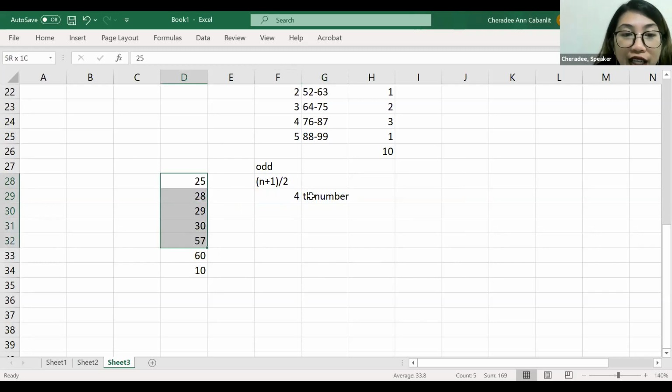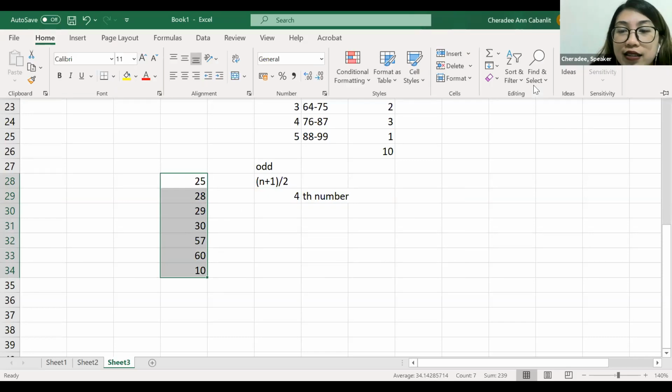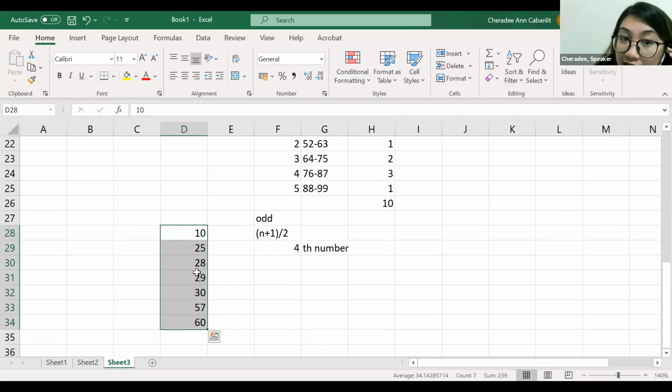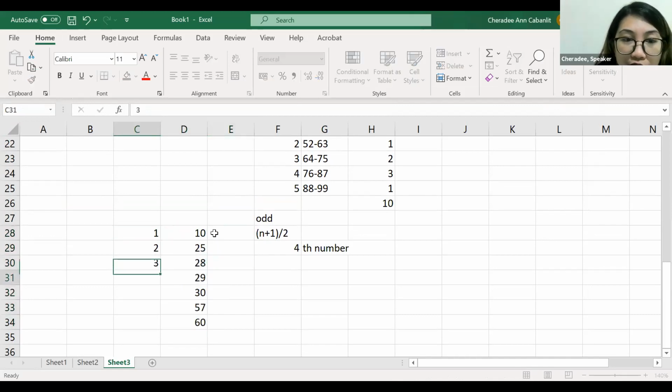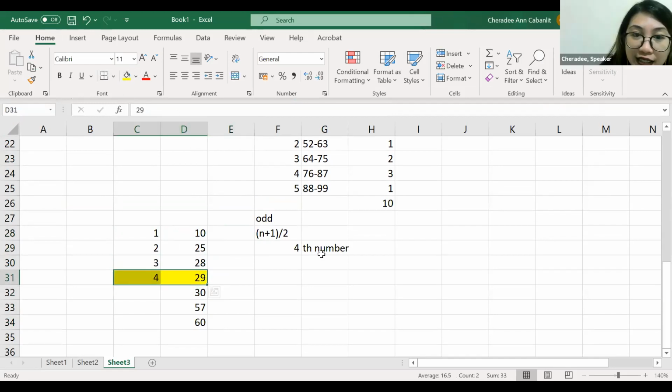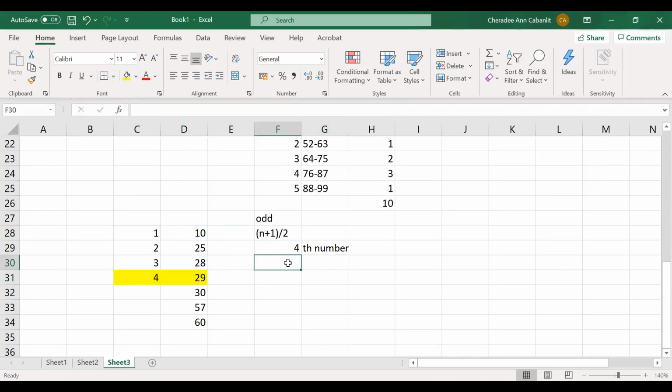But in order to do that, you have to sort it first. There's a sort command here in Excel, sort from smallest to largest. Now it's sorted. Which one is the fourth number? 1, 2, 3, 4. 29. So your median is 29.